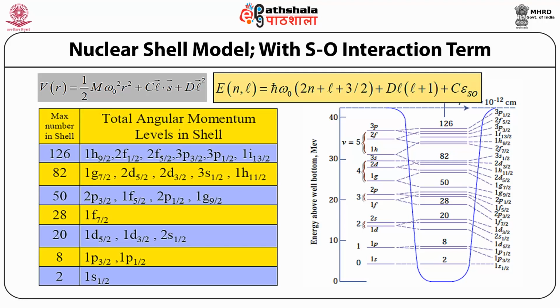The first term is the harmonic oscillator potential, the second is the spin-orbit interaction potential, and the third is a correction factor which gives the flattening of the nuclear potential at the center.